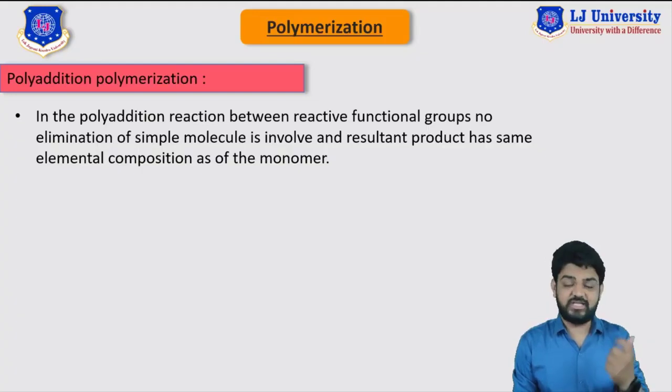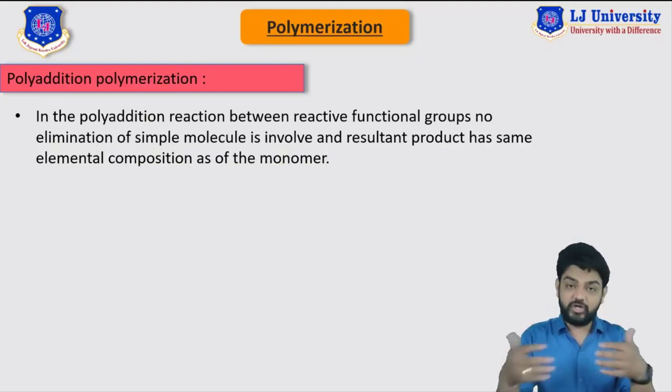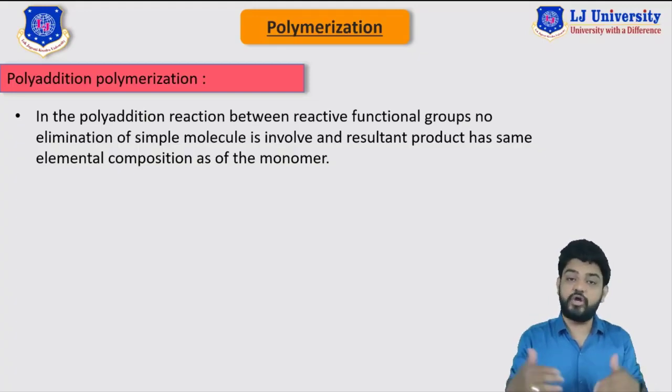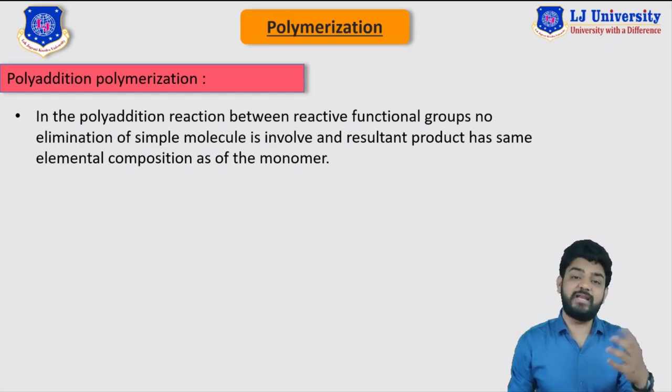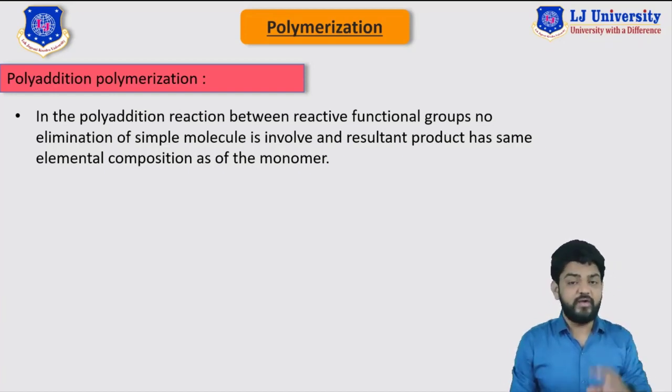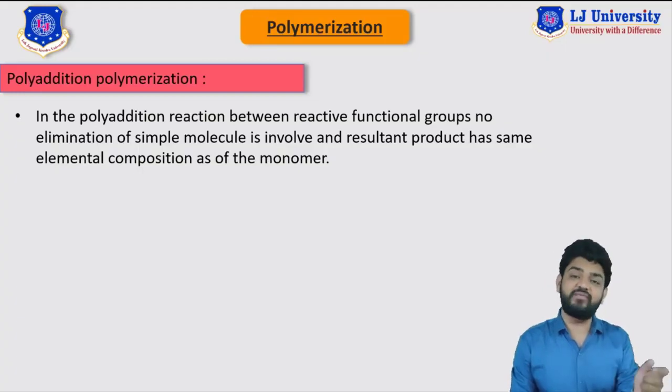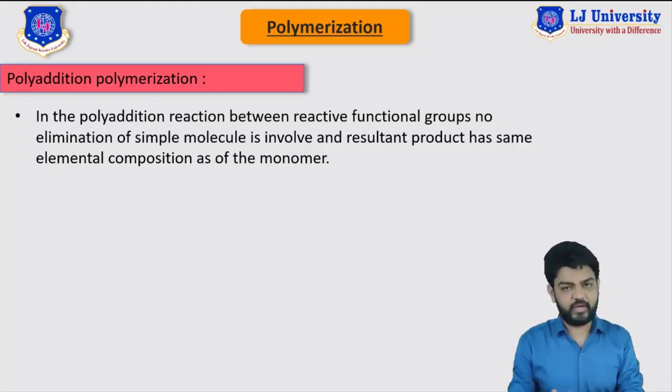Small molecules such as H2O were liberated out, or eliminated, when two functional groups are condensed together or joined together. But in the case of addition polymerization, no such elimination takes place. So the structure of the polymer will be more or less similar to that which the monomer had, right?